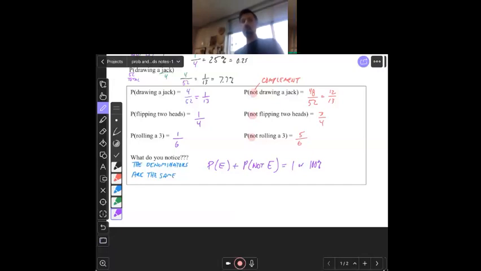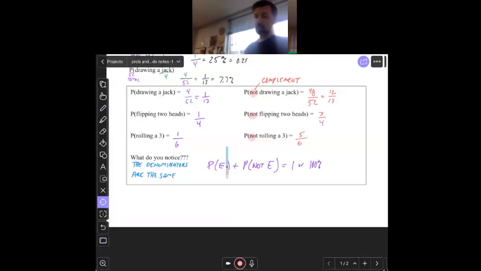Oftentimes when you go to look for a probability or a complement of a probability, it can be kind of tricky to see all of the things you want to see. It might be easier to see one or the other. We're looking at fairly small experiments, like drawing a jack.